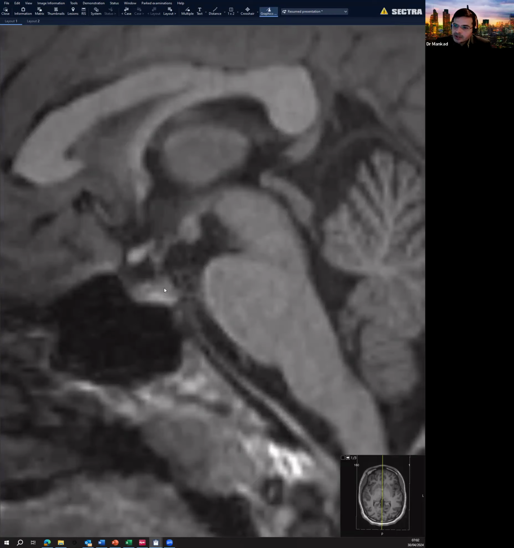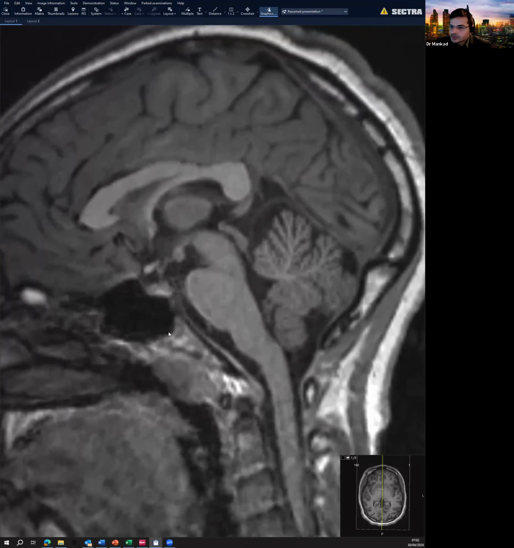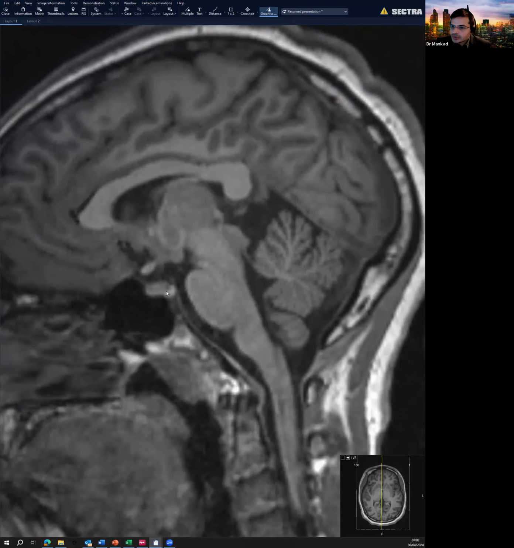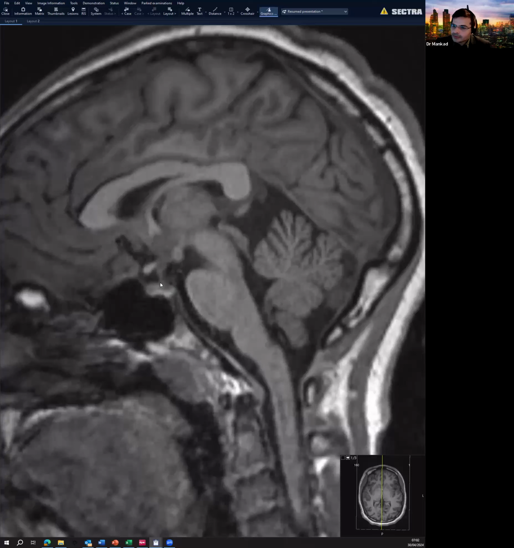Now, if you look further down, then yes, this is the sella. This is Dr. Jomar alluding to the sella turcica. And within the sella turcica, of course, we have the pituitary tissue sitting there, and you have the anterior pituitary, the posterior pituitary, which on the T1 weighted sequence appears like a bright spot. And you have the stalk of the pituitary gland.